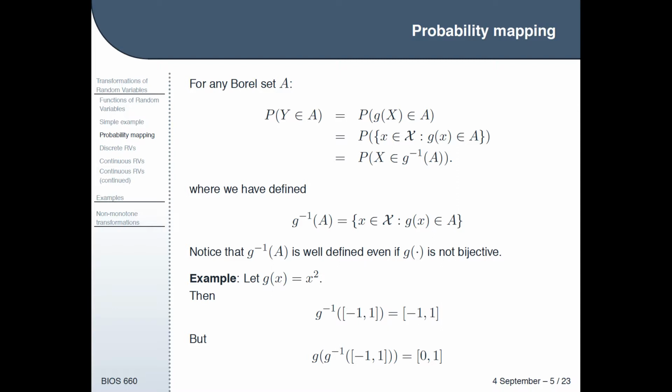For instance, if g of x equals x squared, the set of x such that x squared is between minus 1 and 1 is once again between minus 1 and 1, even though x squared is not a one-to-one map within this range. If that's confusing, hopefully it'll make more sense as I go through some more examples.